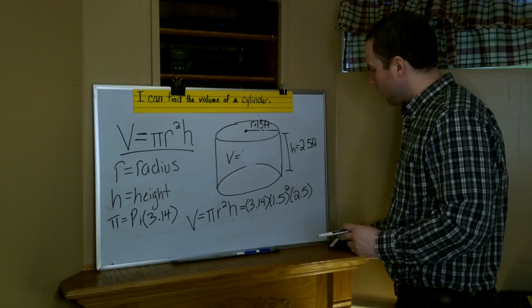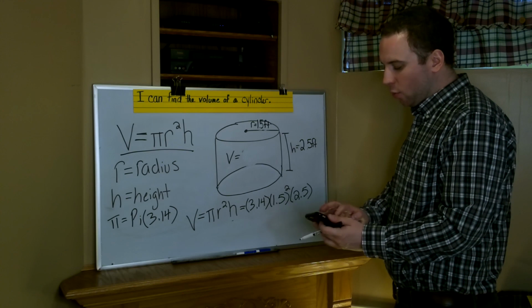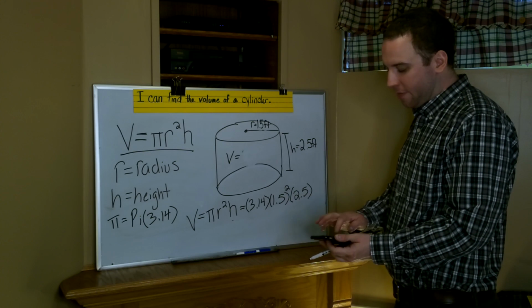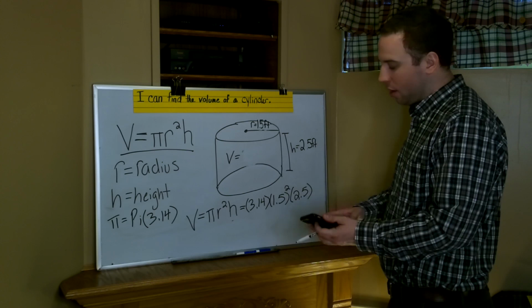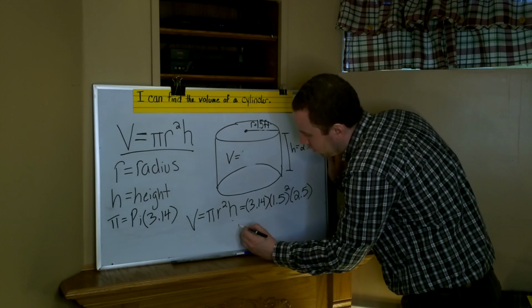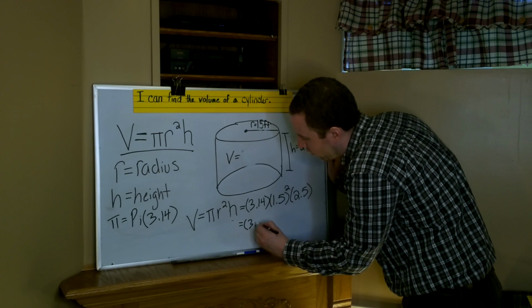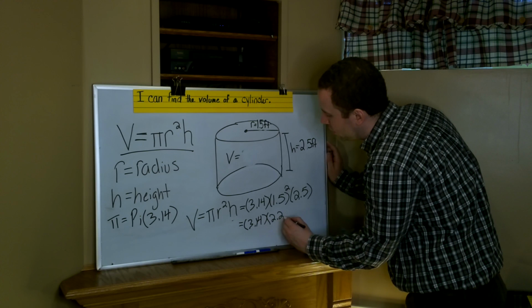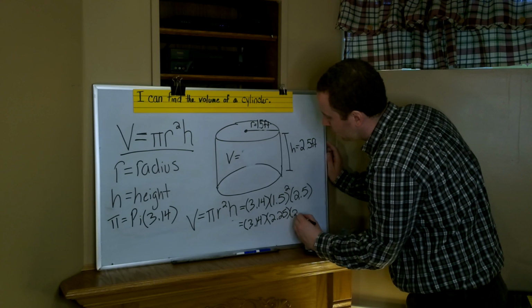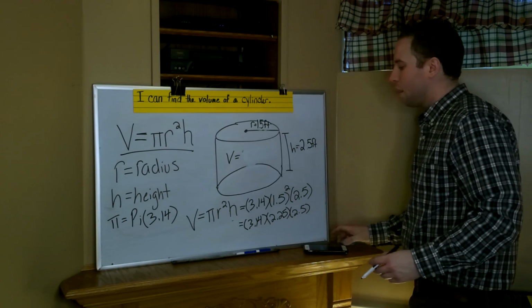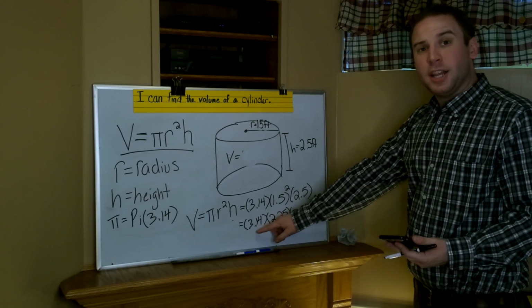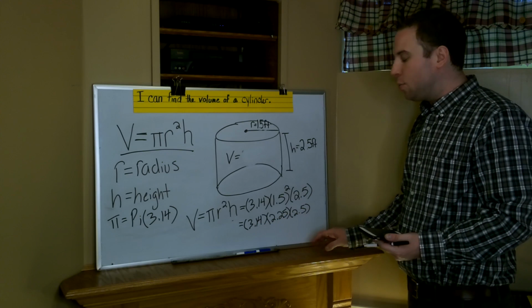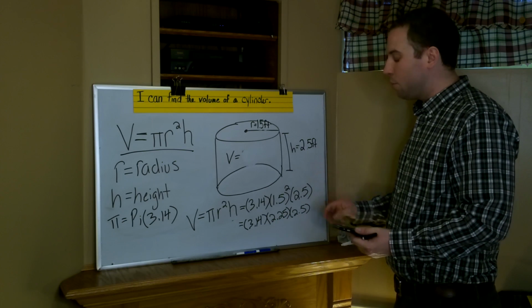So, first things first, let's get rid of that squared. So 1.5 times 1.5 simplifies to 2.25. So we now are going to multiply 3.14 times 2.25 times 2.5.